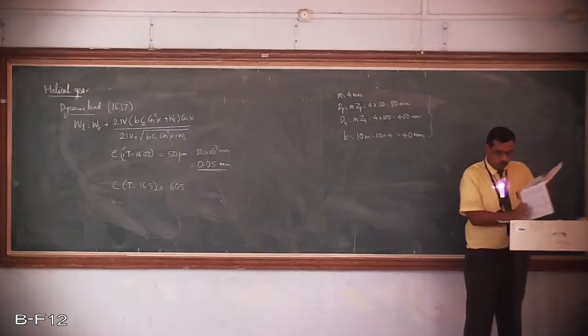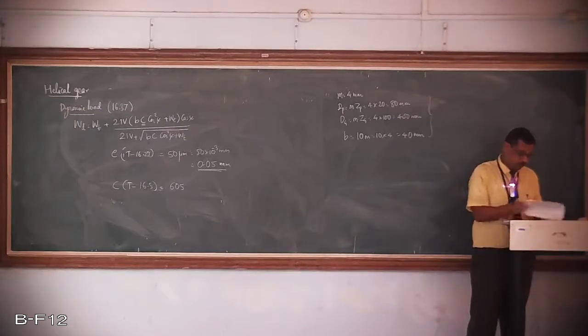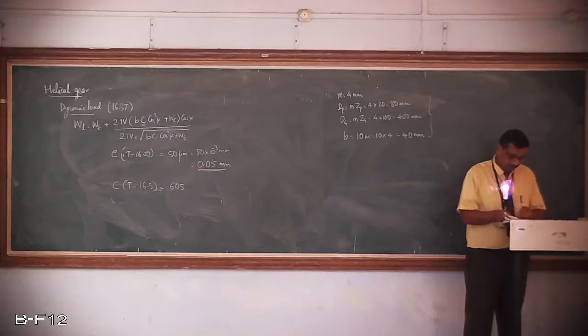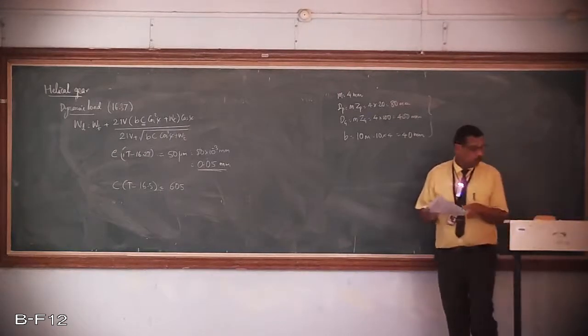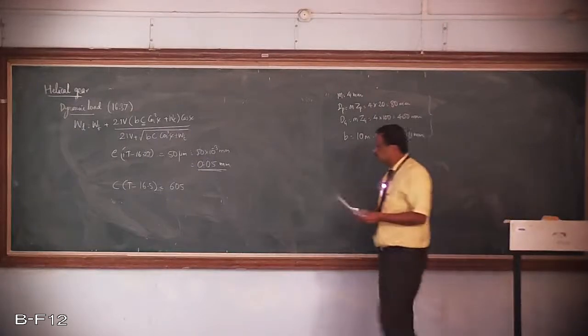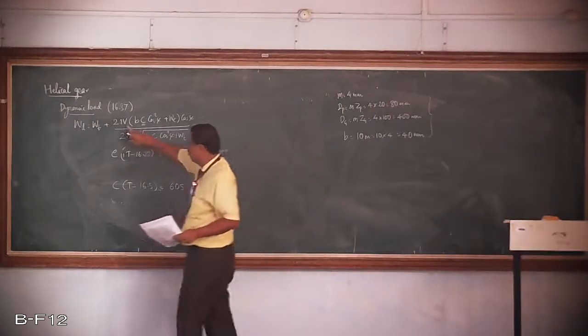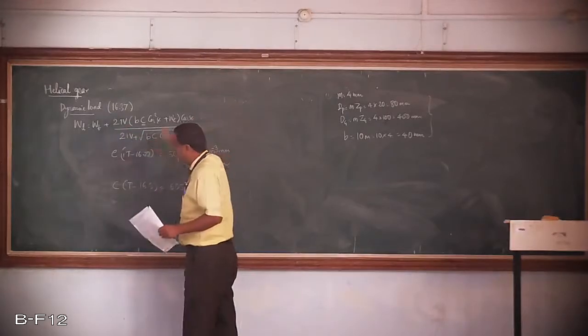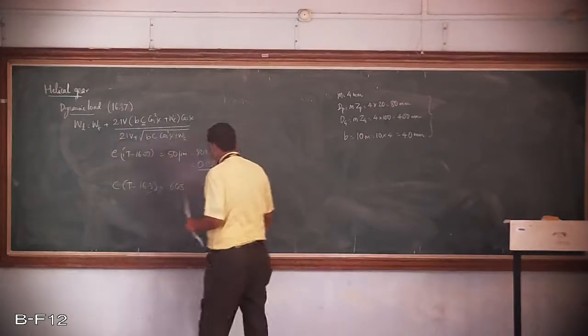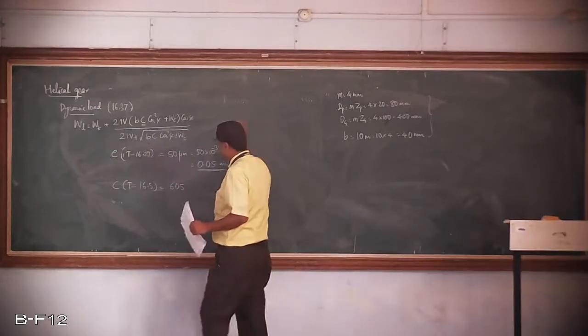Once you know the value of C, now substitute in that given equation, with the velocity of the gear corresponding to module m equal to 4. Now we have to calculate the tangential load.